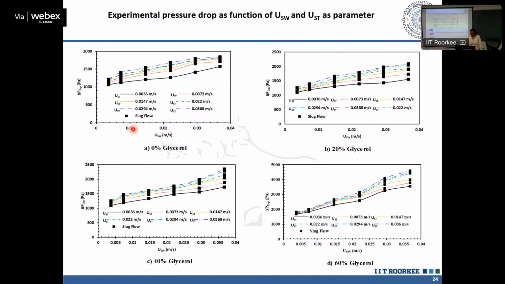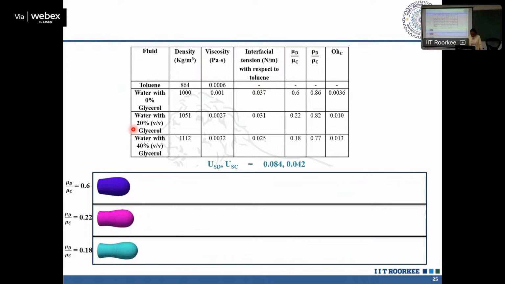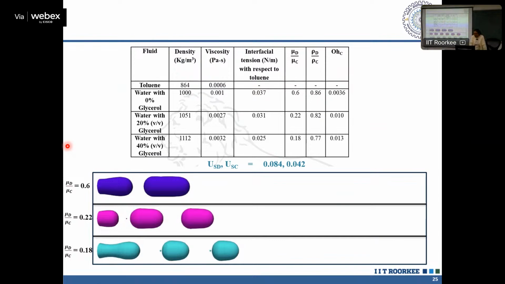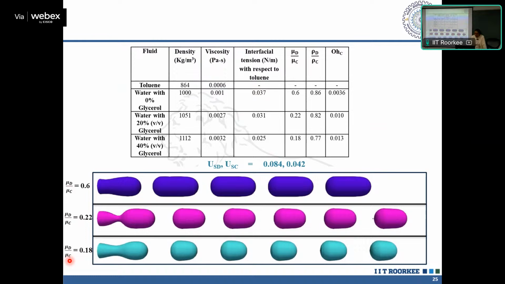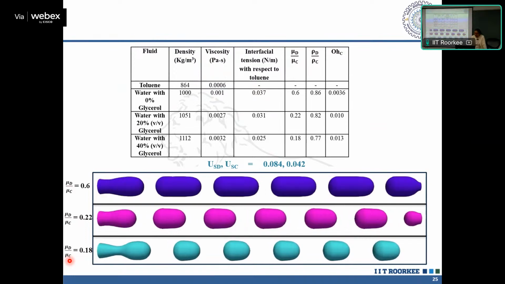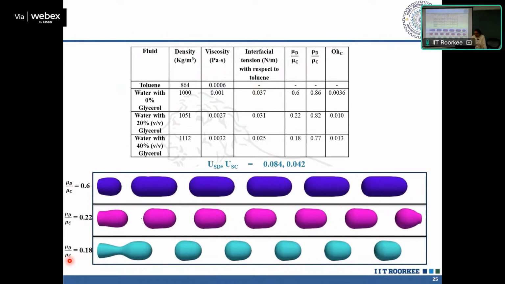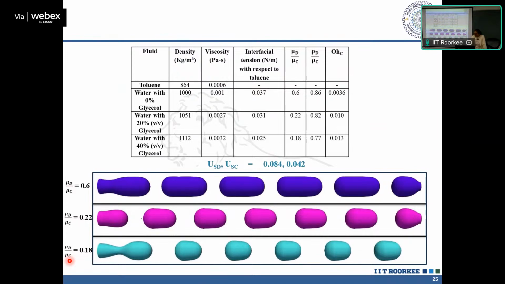Now, this is a simulation that we have done recently, the VOF. It is giving you the ratio of the dispersed phase to the continuous phase, and we are gradually reducing the viscosity ratio.